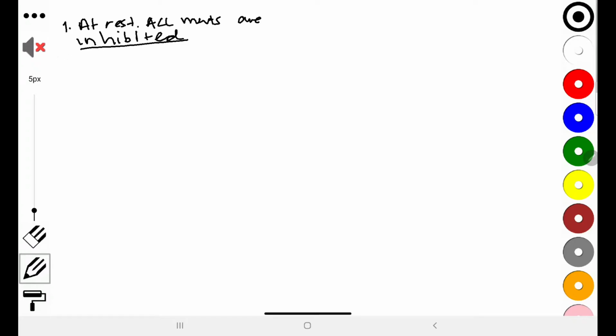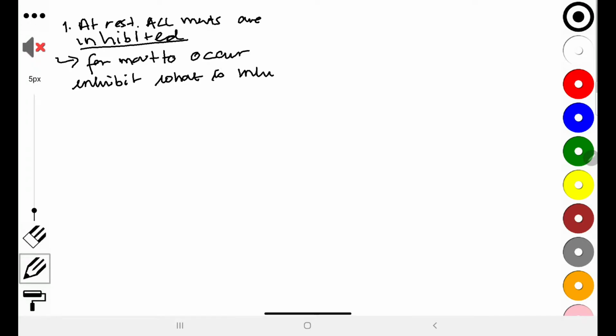For you to move, so for movement to occur, there is need for you to inhibit what is inhibiting movement. I'll let that just settle in.